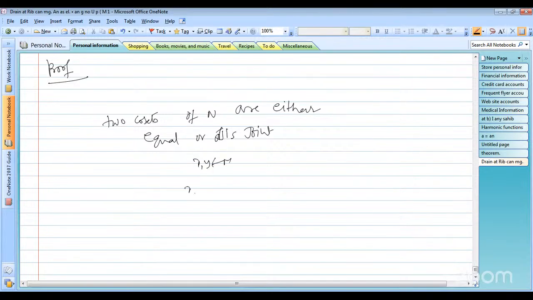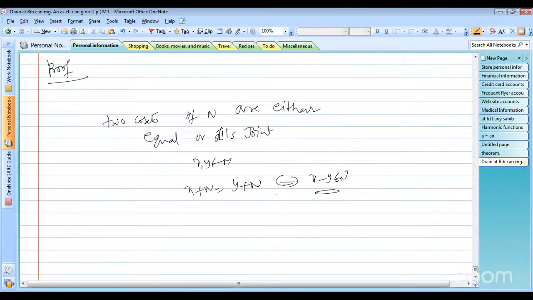Suppose it belongs to M, x plus N, y plus N. So x plus N is equal to y plus N, that is x minus y belongs to N.